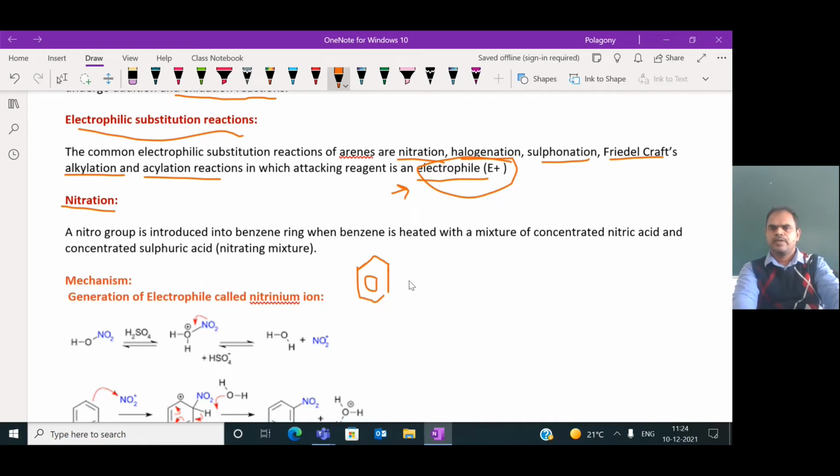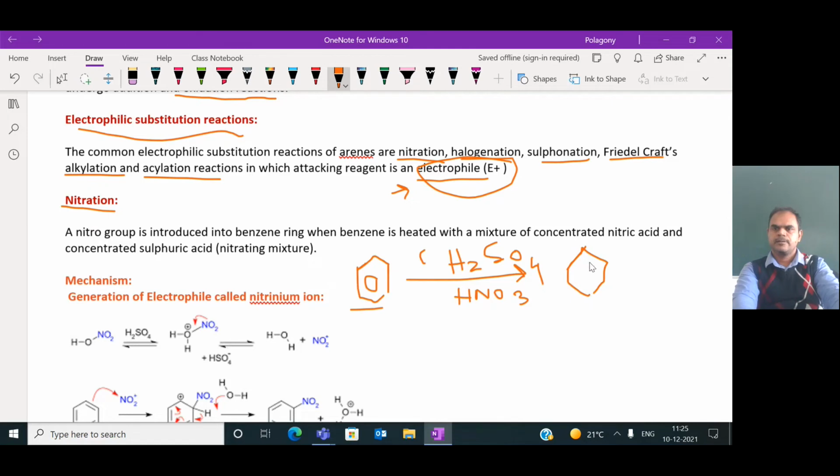This is benzene. When benzene is treated with concentrated sulfuric acid, H2SO4, and concentrated nitric acid, HNO3, what is the product we get?